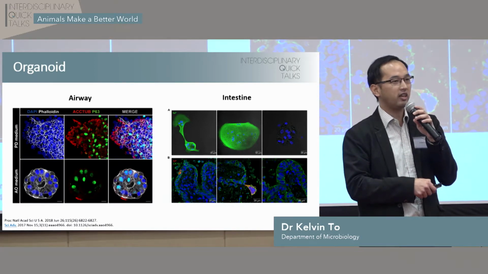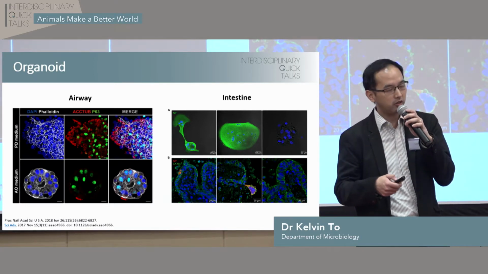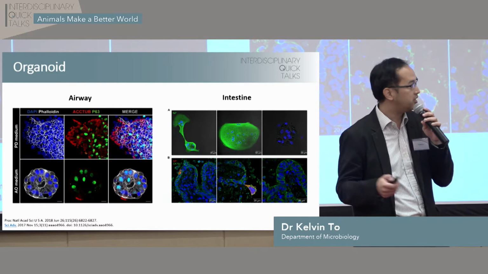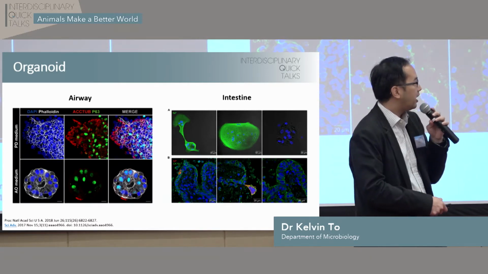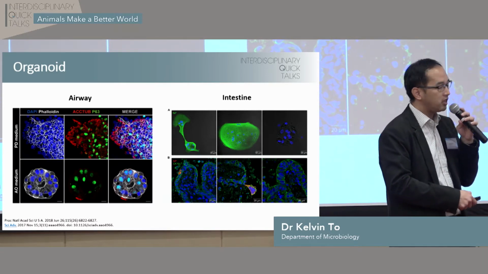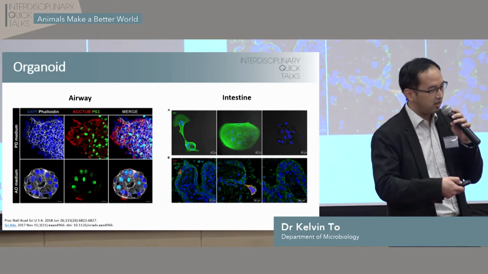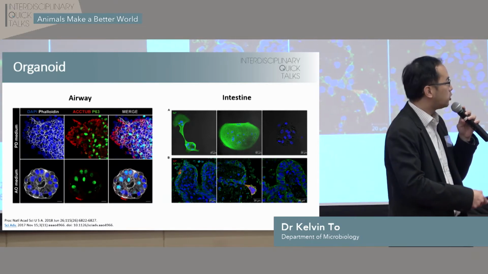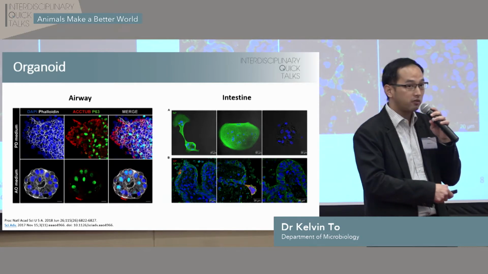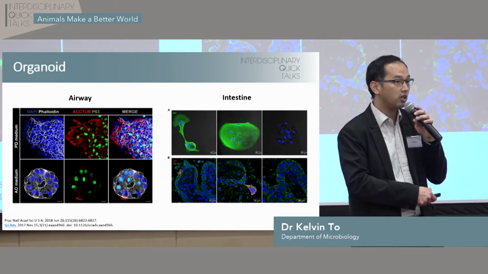MERS. You may have heard of the Middle East respiratory syndrome virus, which is very new in the Middle East, from camels, basically. One of the strange things is that it causes diarrhea. So we actually looked at MERS virus in these intestinal organoids.